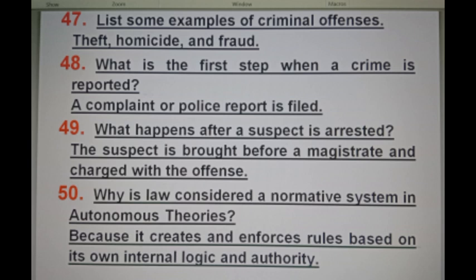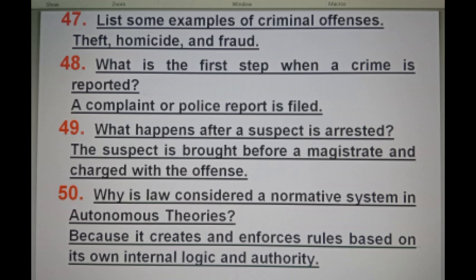What is the first step when a crime is reported? A complaint or police report is filed. What happens after a suspect is arrested? The suspect is brought before a magistrate and charged with the offense.